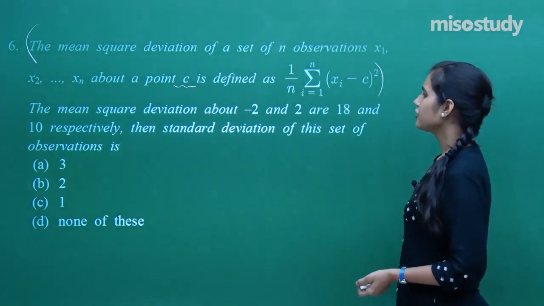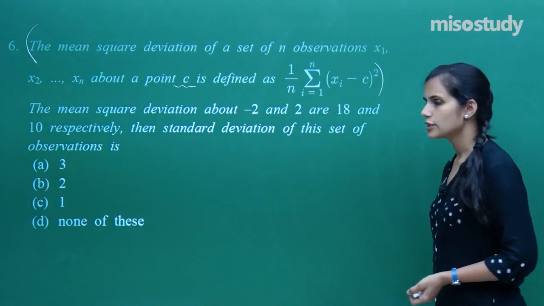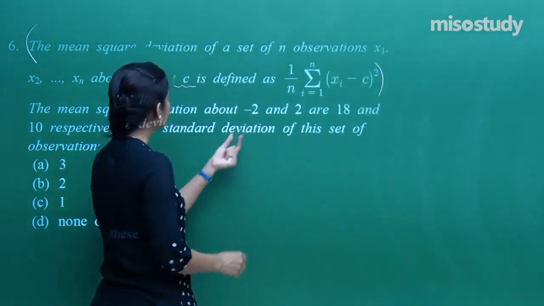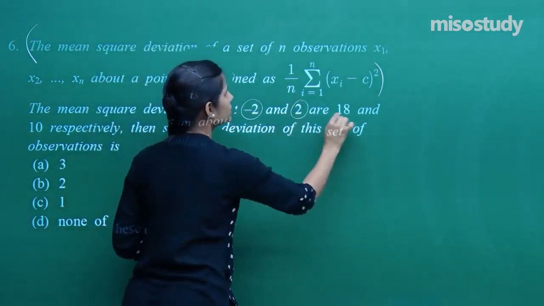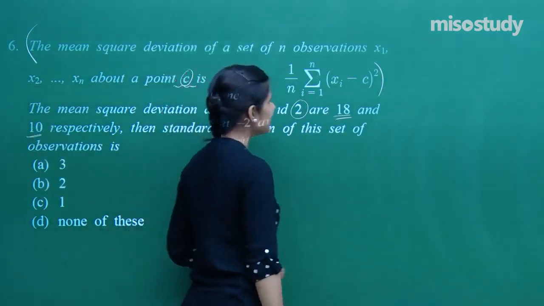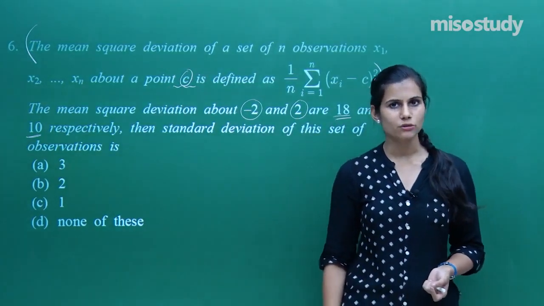The mean square deviation about -2 and 2 are 18 and 10. Then the standard deviation of this set of observations is what? Okay, so C will be replaced by -2, then C will be replaced by 2. The values are 18 and 10 respectively. What is the mean square deviation of these n observations x1, x2 up till xn about -2 and about 2?